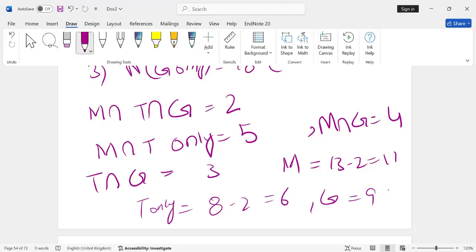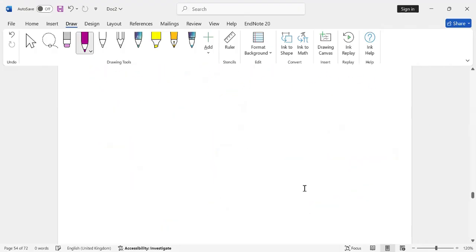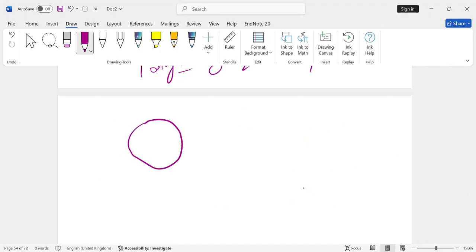Okay, so let's draw the Venn diagram. We have now one circle, another circle over there, and another circle over there.